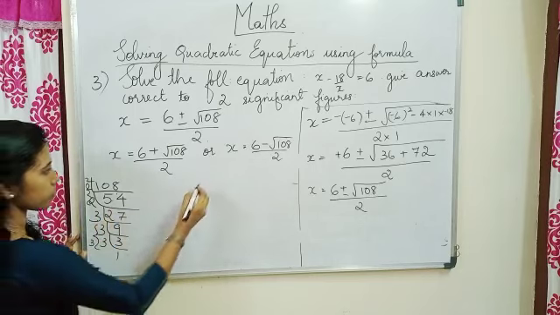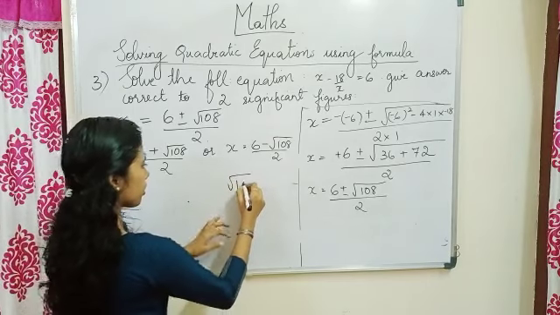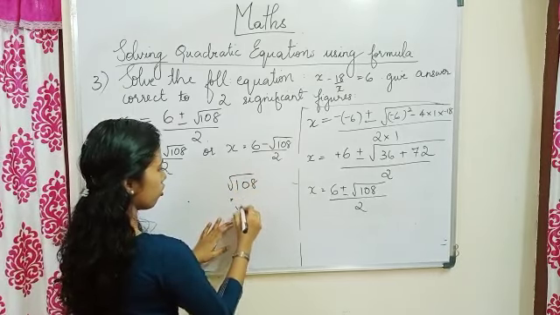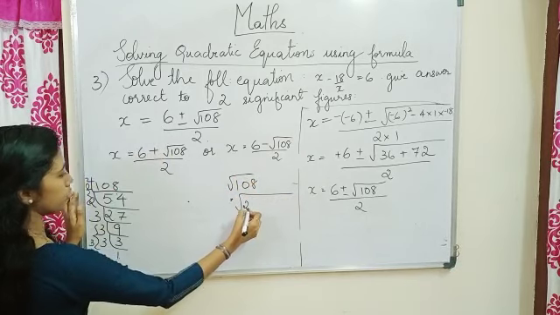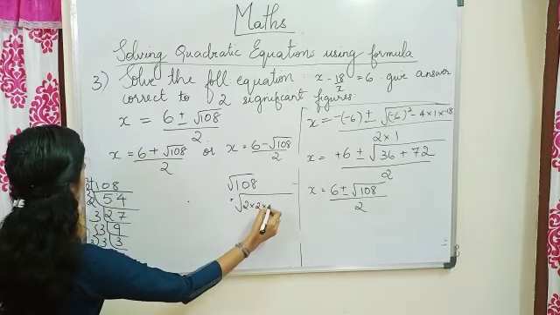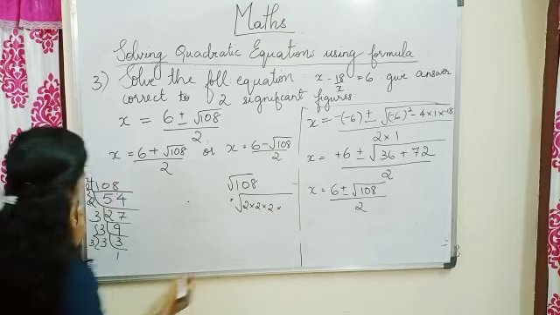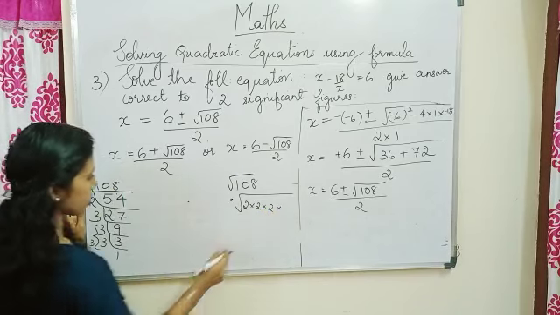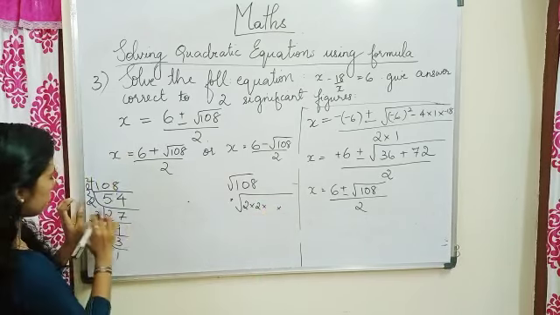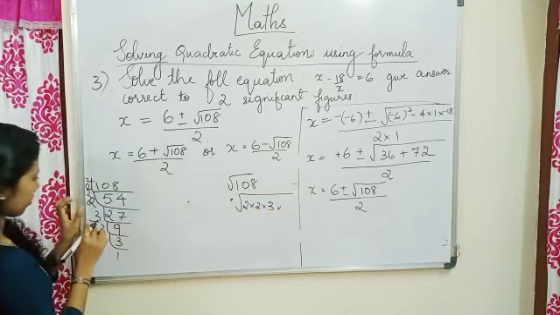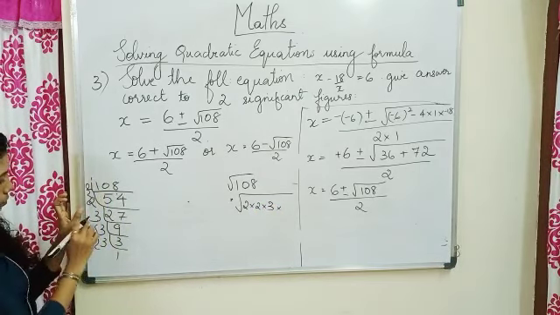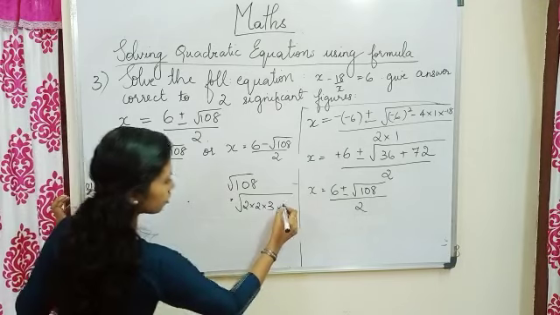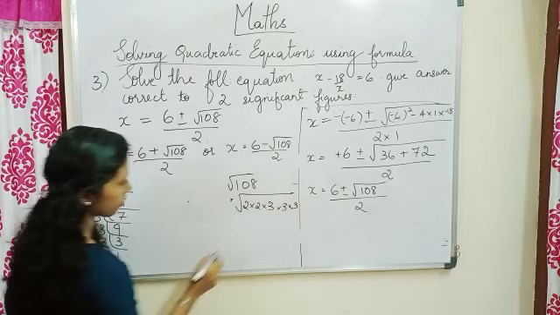That is, we can write root 108 as root of 2 into 2 into 3 into 3 into 3.